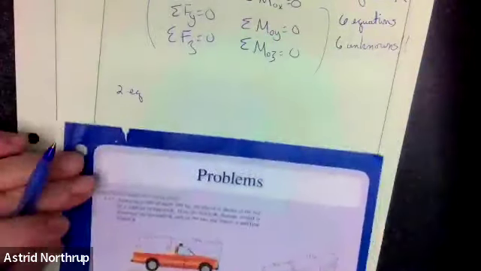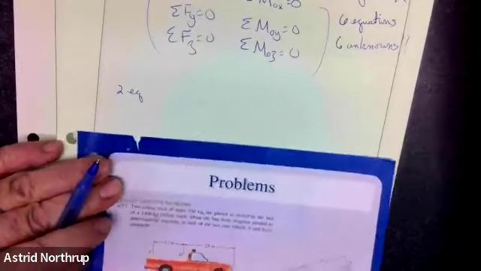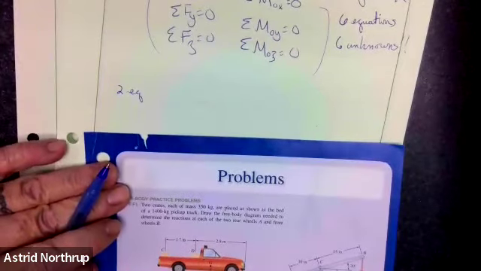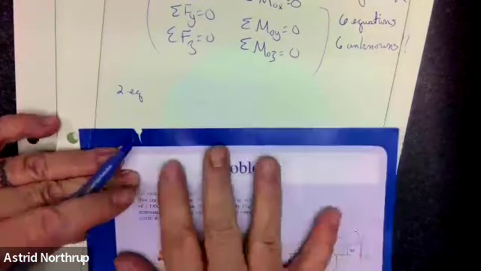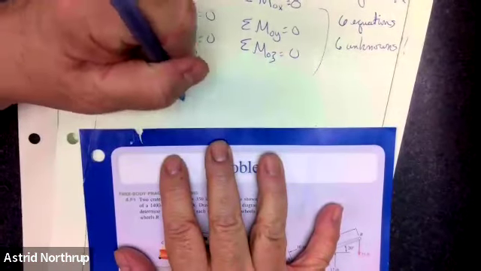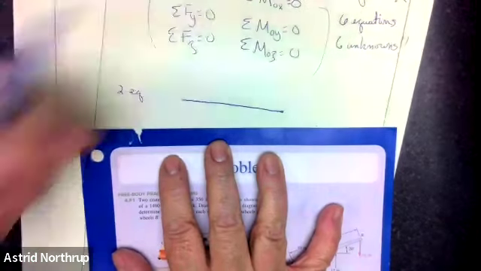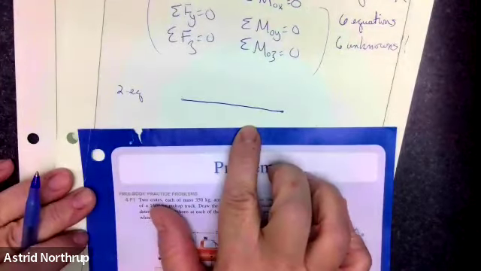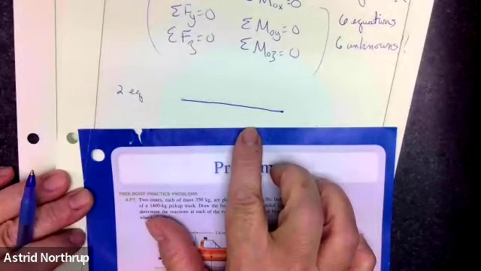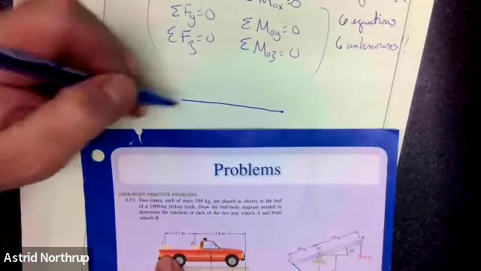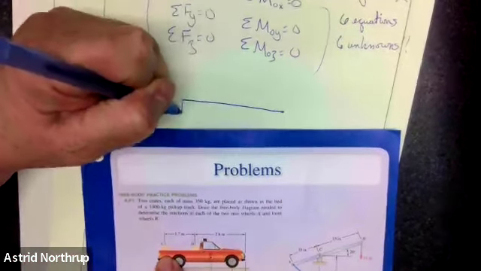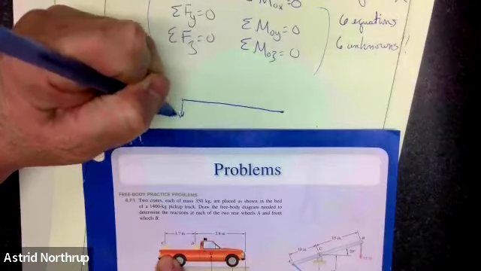Well, let's draw a free body diagram. The first thing I'm going to do is to draw the truck like this. Not very artistic, but definitely gets the point across. Crate C is a weight, so it's pulling down.